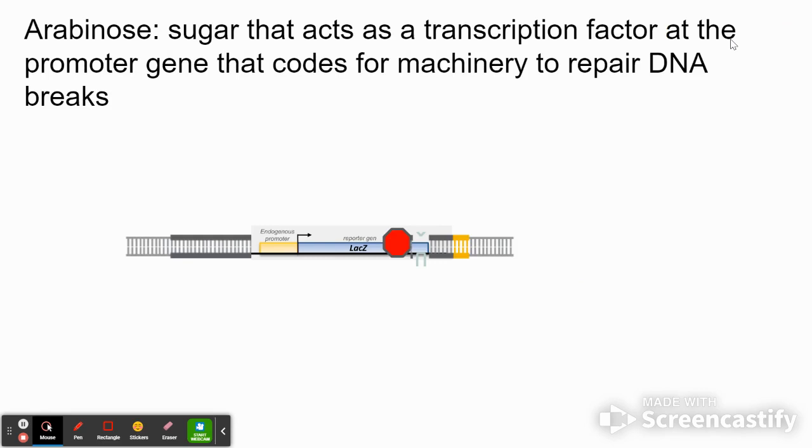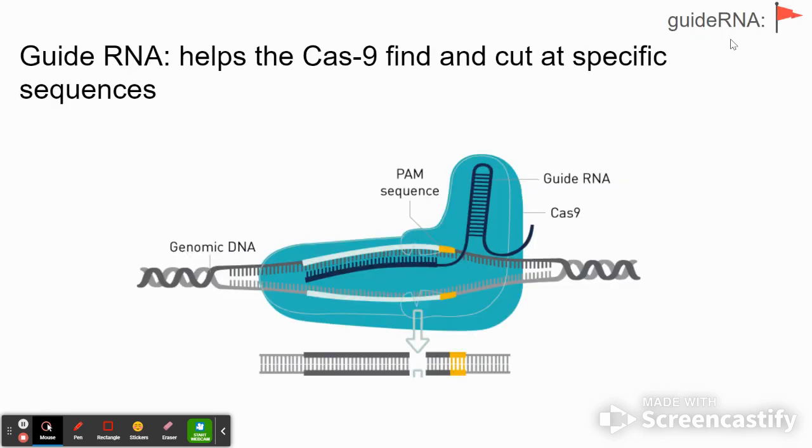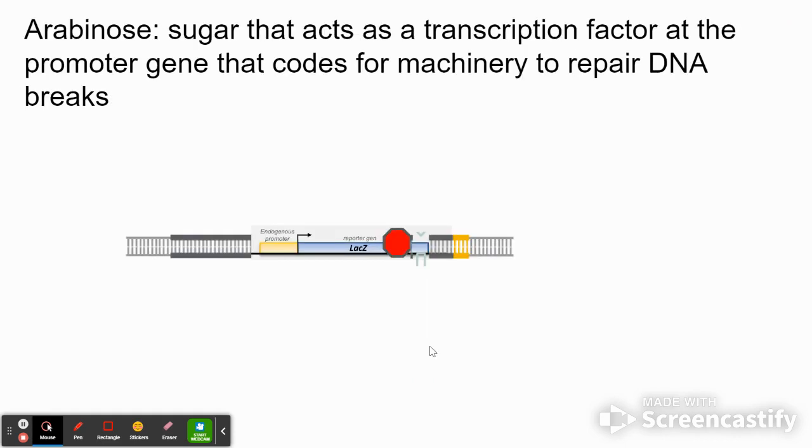We also need arabinose, because when we're done cutting this DNA, we could insert the non-functional LAC-Z, but remember we have this backbone of DNA, phosphodiester bonds between the phosphates and the deoxyribose sugars, and we need to patch those gaps. So that's where the arabinose sugar comes in. It acts as a transcription factor at the promoter of the gene that codes for some machinery and proteins that we need to repair those DNA breaks.